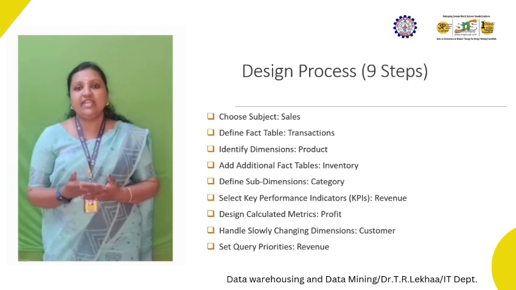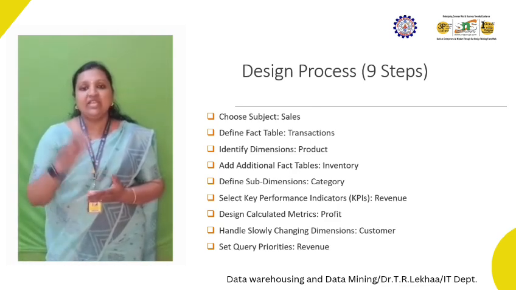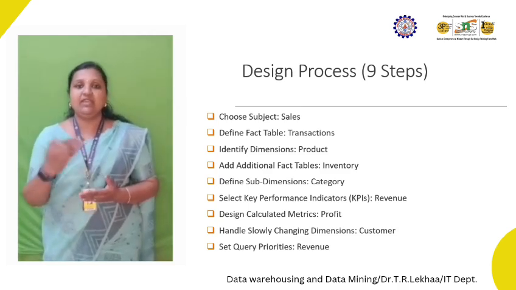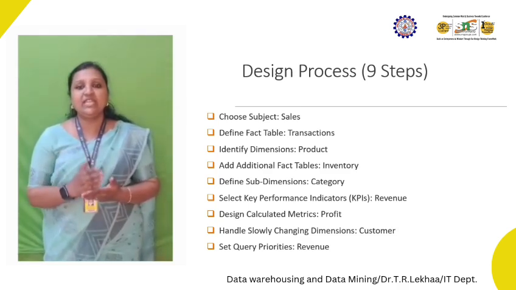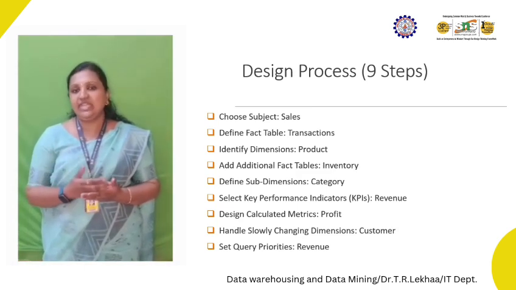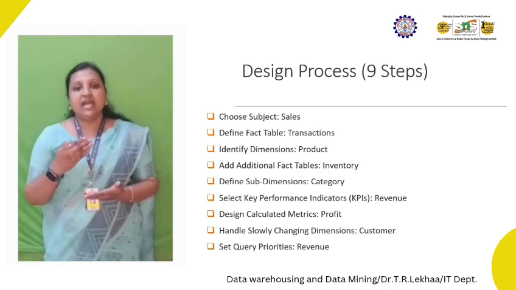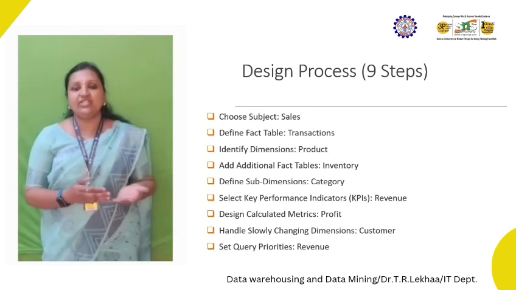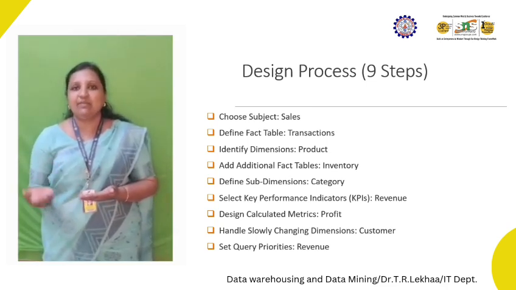For example, if we take sales, we will have the sales table as the main table, and shipping is another main table. So these are the 2 fact tables we will take. And the other dimension tables like item, location, branch, etc., we consider as dimension tables.